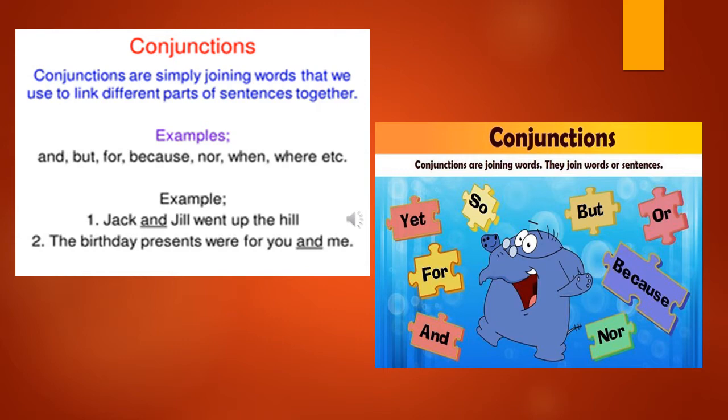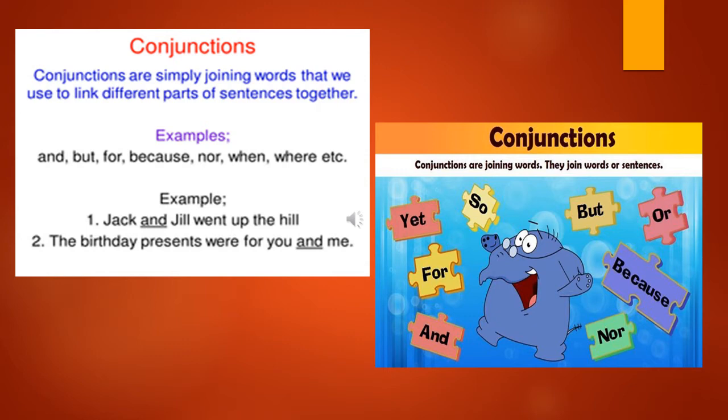Conjunctions are simply joining words that we use to link different parts of sentences together. For example, the conjunctions are and, but, for, because, nor, when, where, etc. The examples are: number 1, Jack and Jill went up the hill.